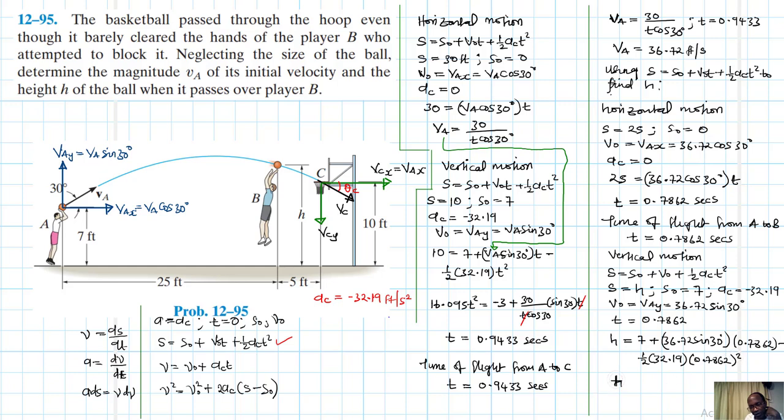Therefore, H is just going to be equal to 7 plus 36.72 sine 30 times 0.7862, minus 0.5 by 32.19 by 0.7862 squared.